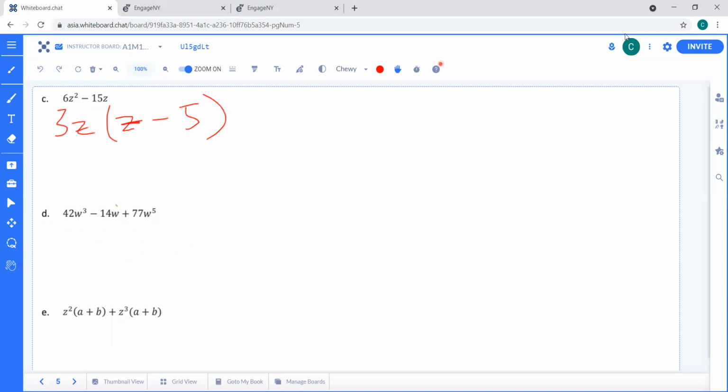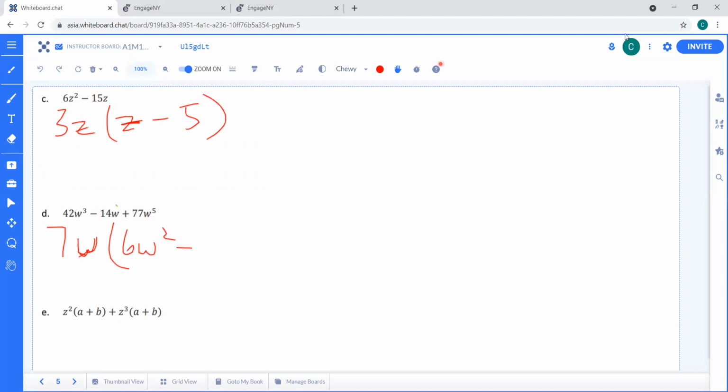So 42w cubed minus 14w plus 77w to the 5th. I think 7 will go into all of those, and w will be in all of those. So let's factor that out. Same thing as dividing. What's 42 divided by 7? 6. W cubed divided by w is w squared.